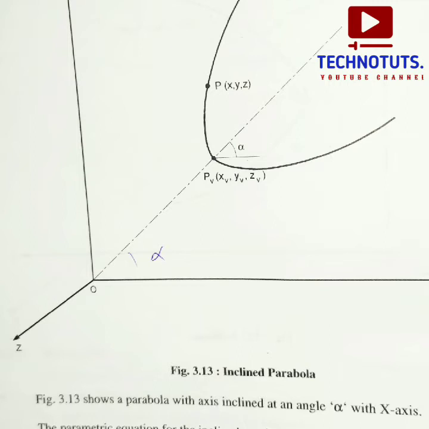For y coordinate, y is equal to yv plus au square sin alpha plus 2au cos alpha, and z is equal to zv. So these three equations are the parametric equation for inclined parabola. First equation is for x coordinate, second is for y coordinate and third is for z coordinate, where the value of u varies from 0 to infinity for all these three equations. Okay, got it?